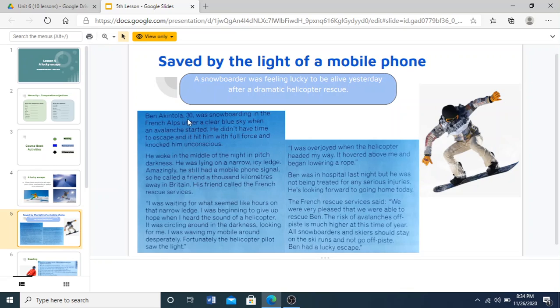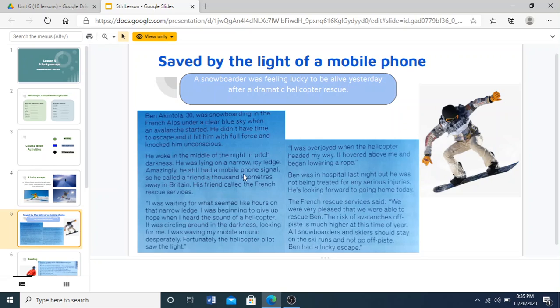Ben Akintola, 30, was snowboarding in the French Alps under a clear blue sky when an avalanche started. He didn't have time to escape and it hit him with full force and knocked him unconscious. He woke in the middle of the night in pitch darkness. He was lying on a narrow icy ledge.